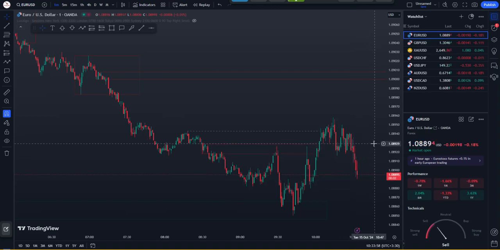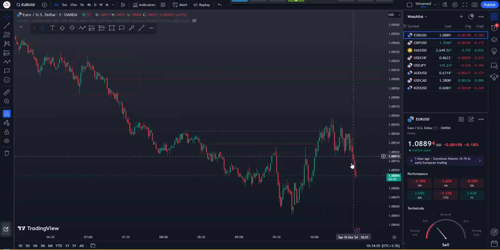I put my alert here. You know why? Because this FL here holds price going down. If something here is reached, for sure price is going back up, maybe from there.